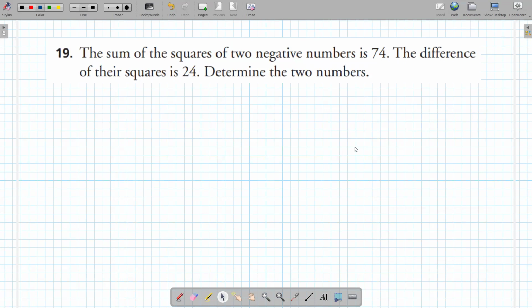So our x and y are the two numbers. So x squared plus y squared equals 74. What's the other equation? x squared minus y squared equals 24.